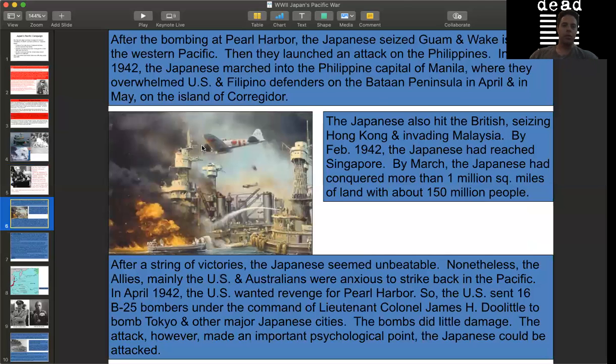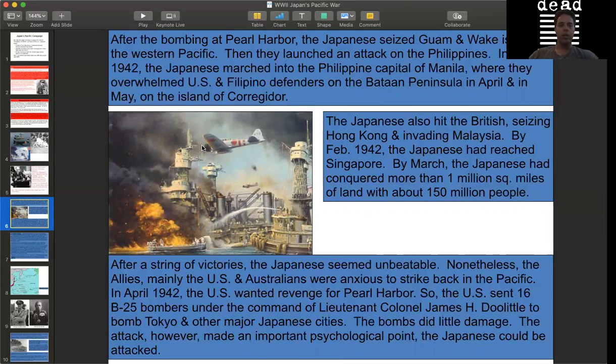After the bombing at Pearl Harbor, the Japanese would go on to seize the American-held territories of Guam and the Wake Islands in the Western Pacific. They would then launch an attack on the American Philippines.